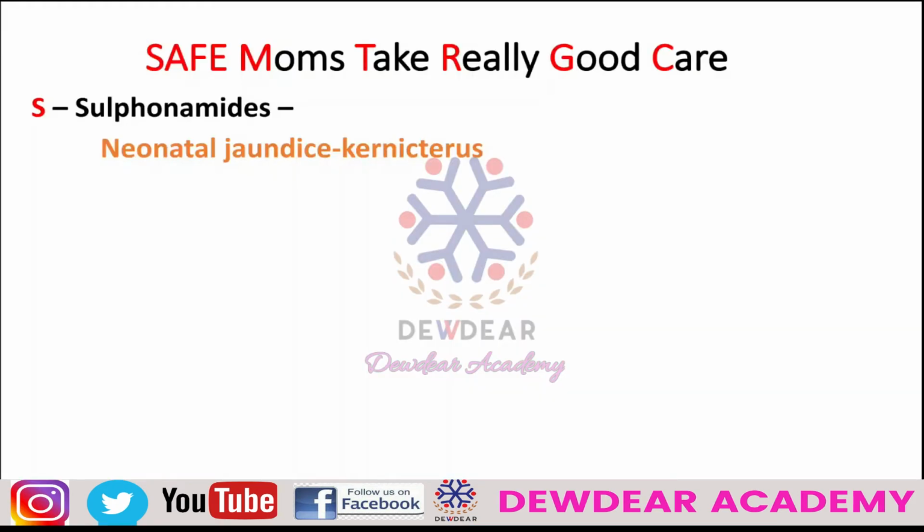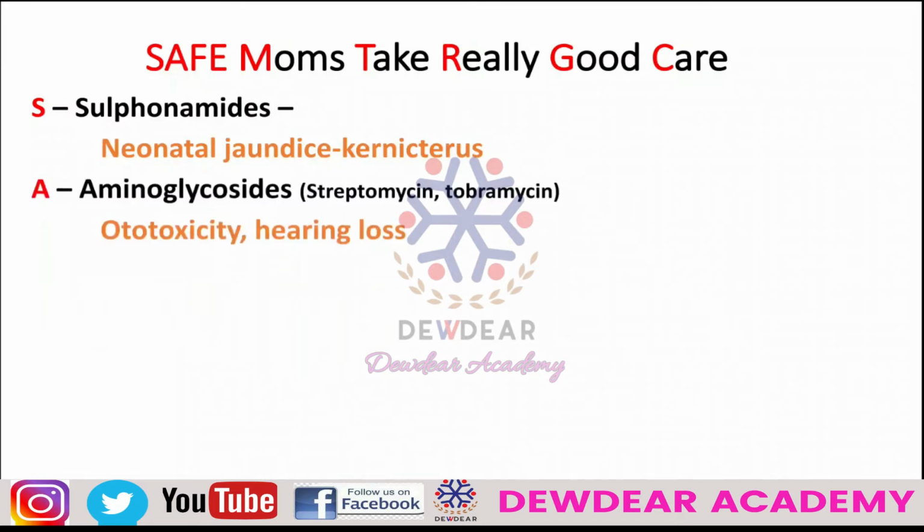Then about each drug, first one, sulfonamides. The side effect is it may cause neonatal jaundice and kernicterus. If these drugs are taken during pregnancy, there is a chance of causing neonatal jaundice and kernicterus. Then the second category, aminoglycosides like streptomycin, tobramycin and others.